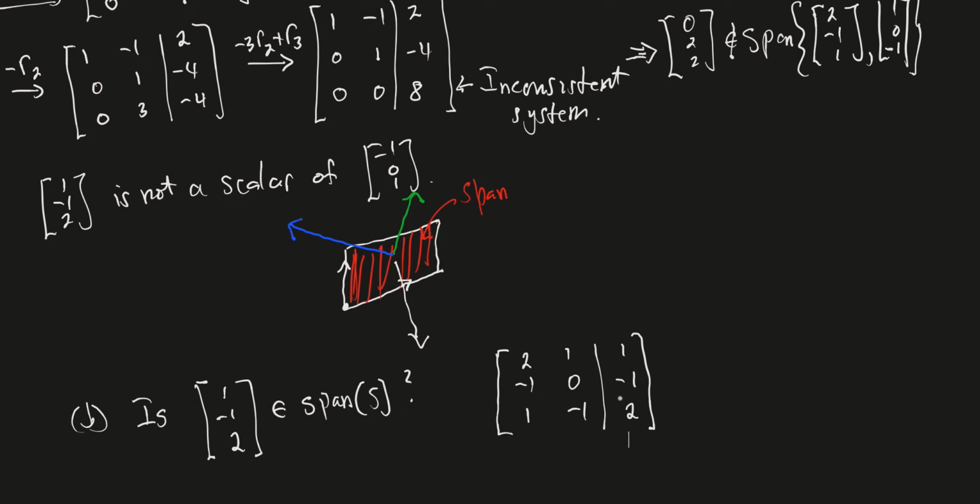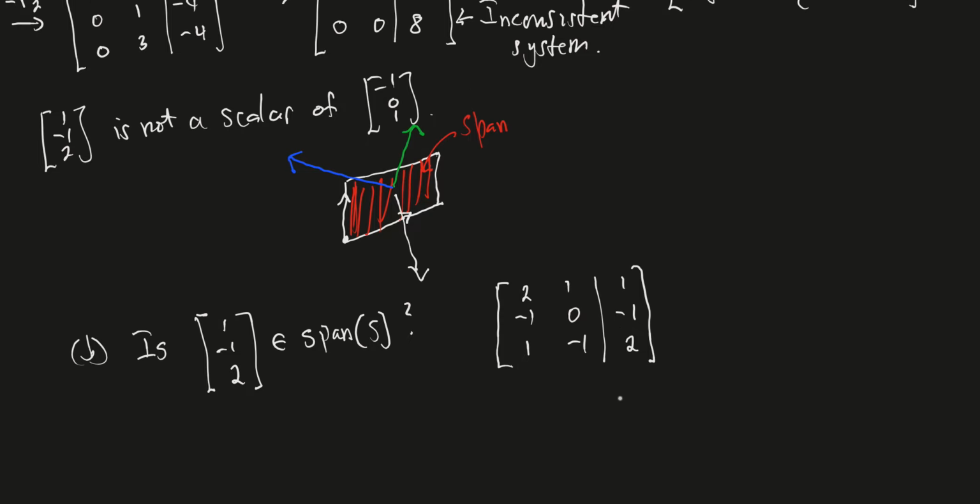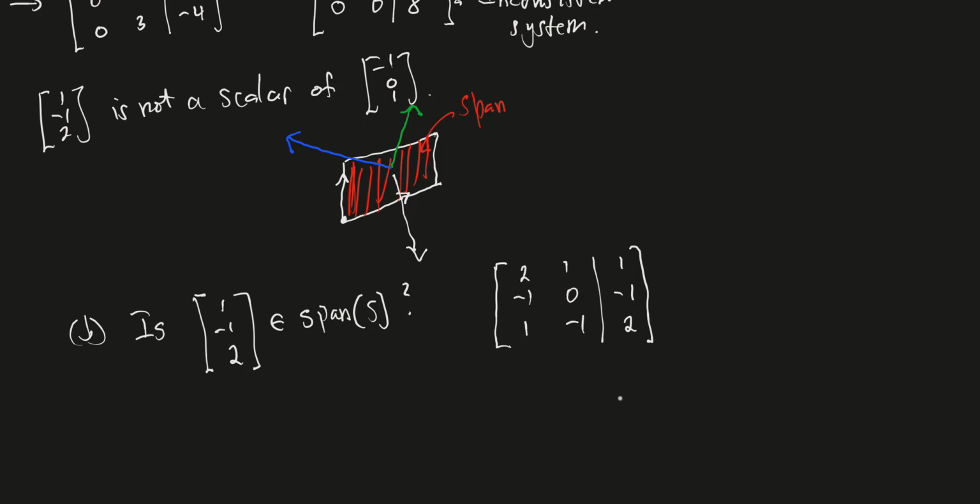Let's see if we can get a solution out of this. Well, we can pretty much do the same set of operations, because you notice our coefficient matrix is the same. It's the same A, so we can still do our row swap.